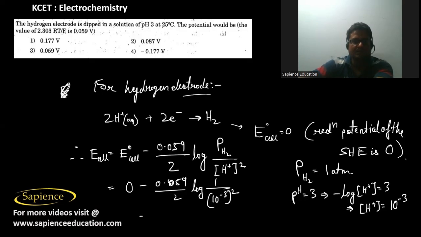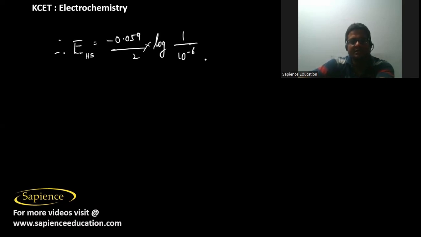So therefore the reduction potential of the hydrogen electrode will be equal to minus 0.059 by 2 into log of 1 by 10 power minus 6, which will come 10 power 6. So now log of 10 power 6 will be obviously 6 only, since log 10 is equal to 1.